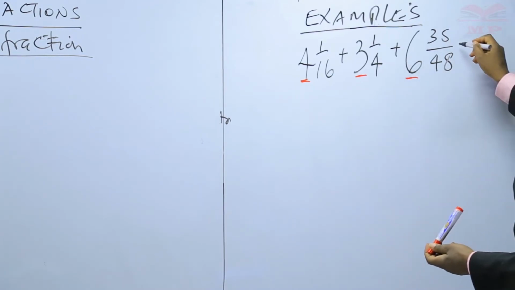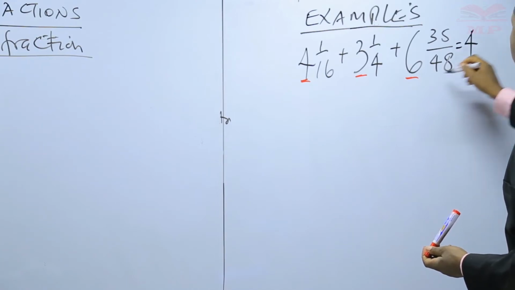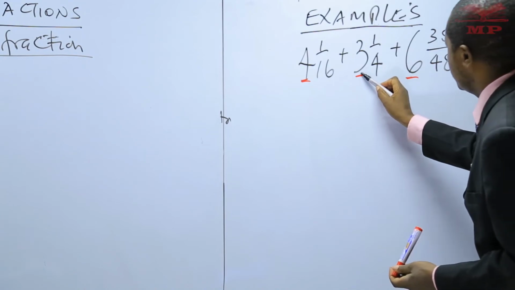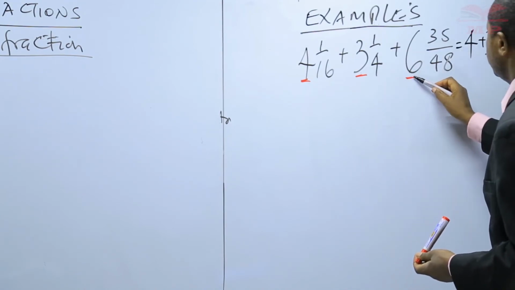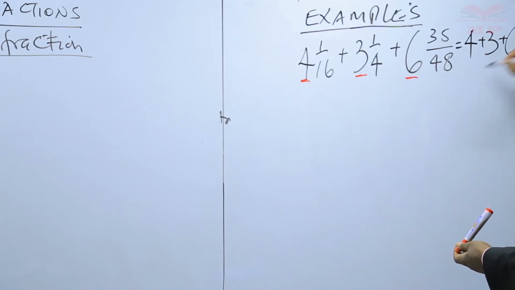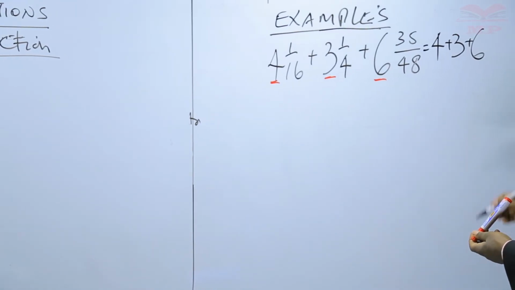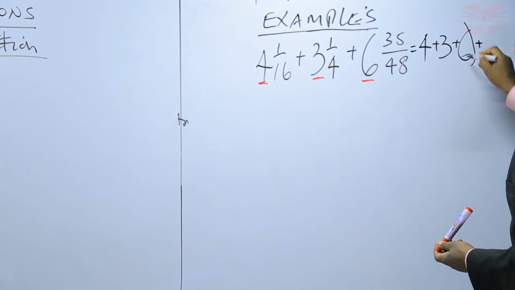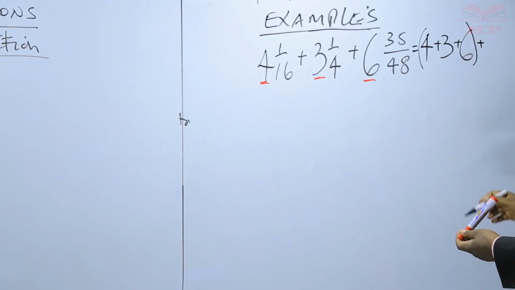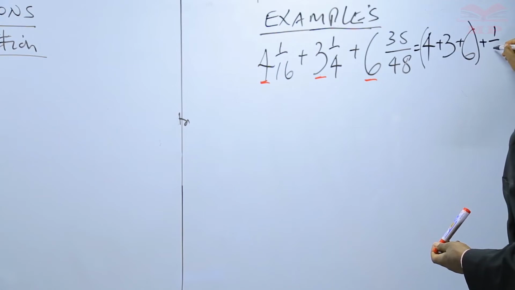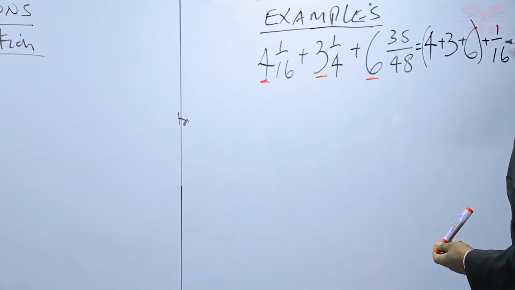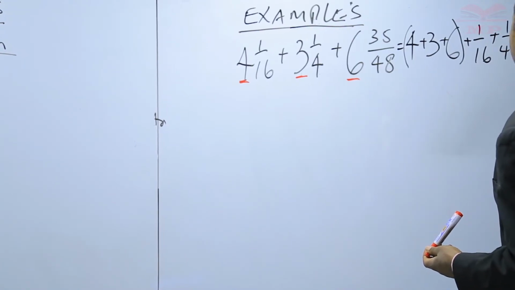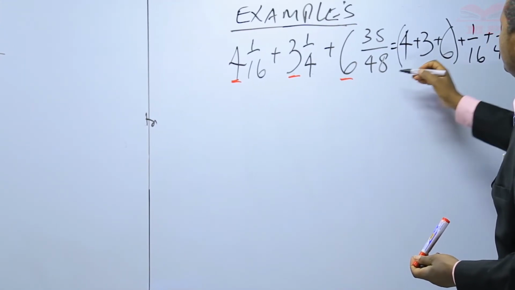So this will be equal to 4 plus 3 plus 6, the whole numbers, plus the fractions added separately: 1/16 plus 1/4 plus 35/48.